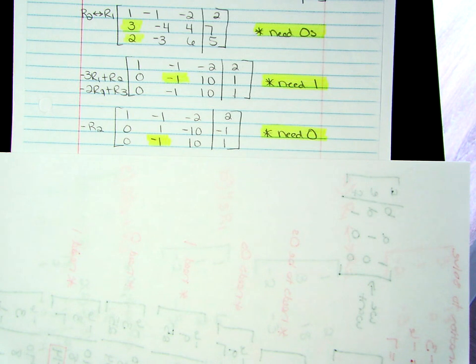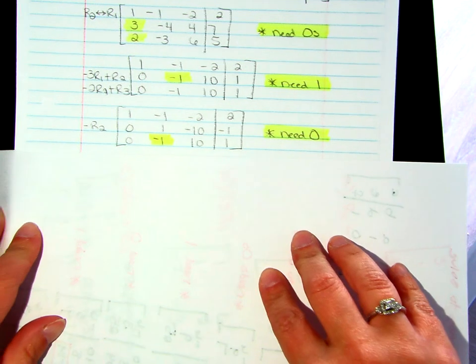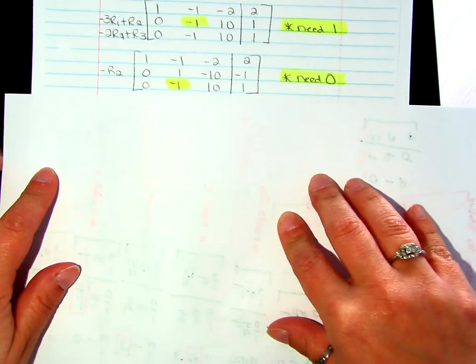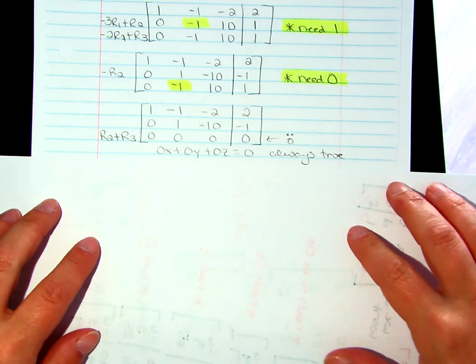And then how am I going to get that 0? Yep, I'm going to add that second to that third row. And we get another, oh my goodness face. Because if I can draw an oh my goodness face in a math class, I'm going to do it.